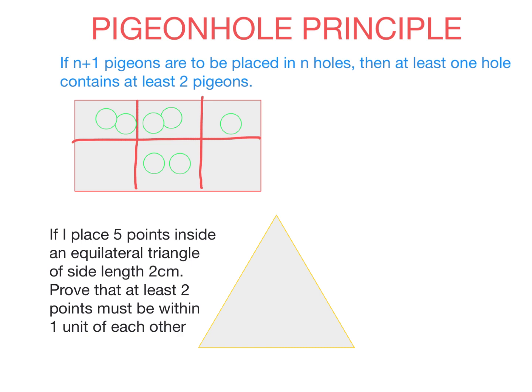So the way that we're going to do that is we're going to divide this here into 4 smaller triangles. So what we're going to do is join the midpoints of each side. So if I join up these midpoints, I now have 4 triangles, and these sides here will be 1 because the original side length of the equilateral triangle was 2.